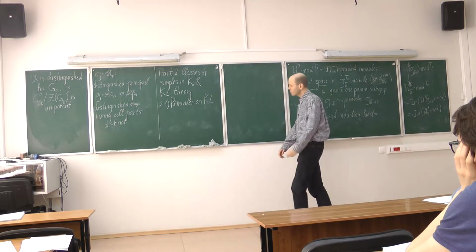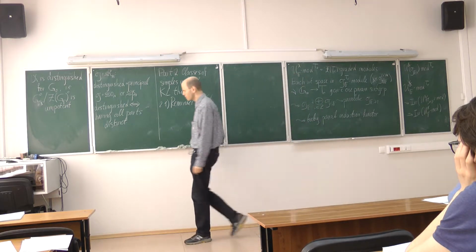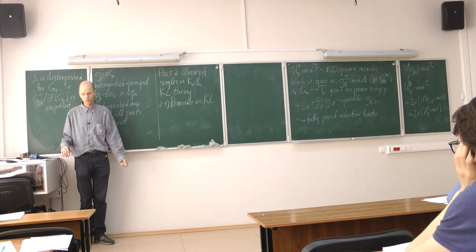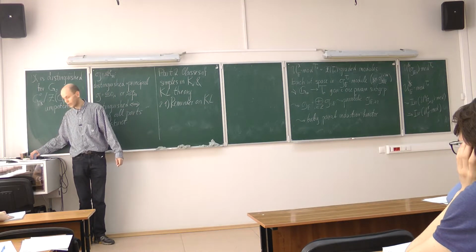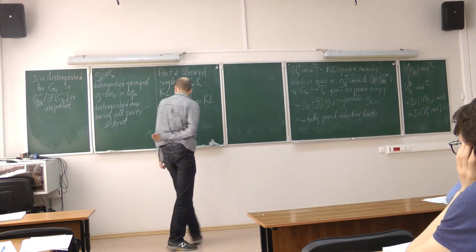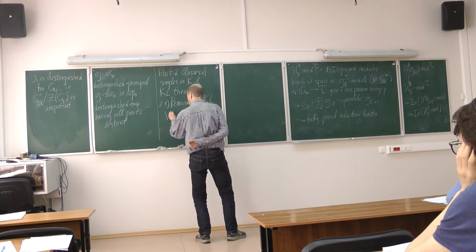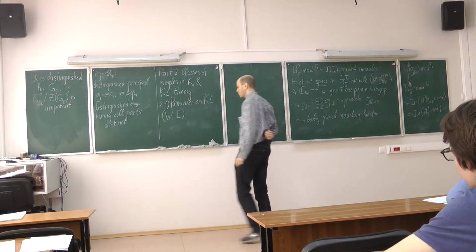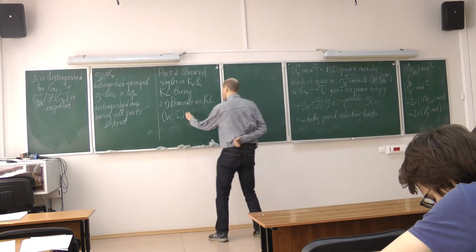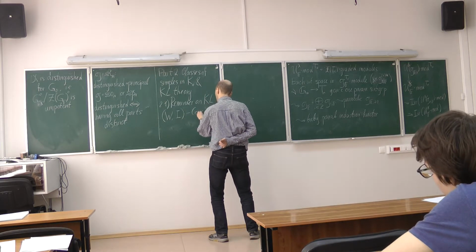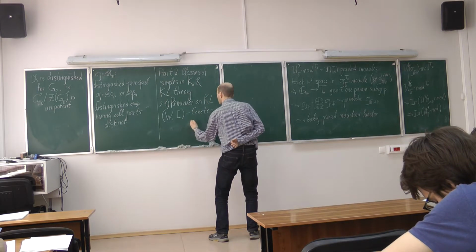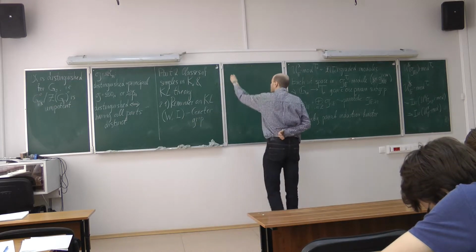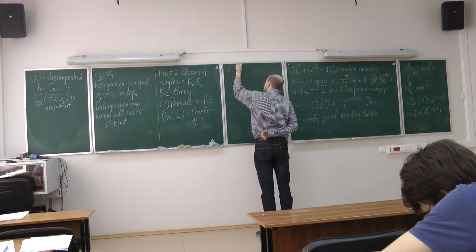So what Kazhdan and Lusztig did, among other things, they defined a distinguished basis in a Hecke algebra. So let me start by reminding you what a Hecke algebra is. So let's take a Coxeter group W with a set of simple reflections I. And let's take v to be an indeterminate.